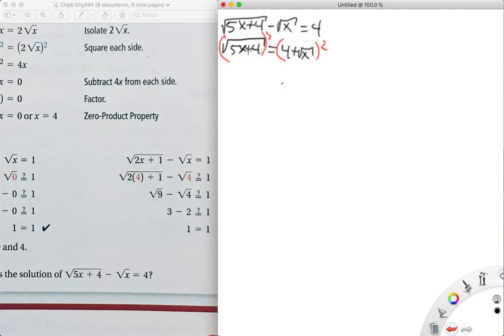So after we square, the radical goes away, and this is 5x plus 4.